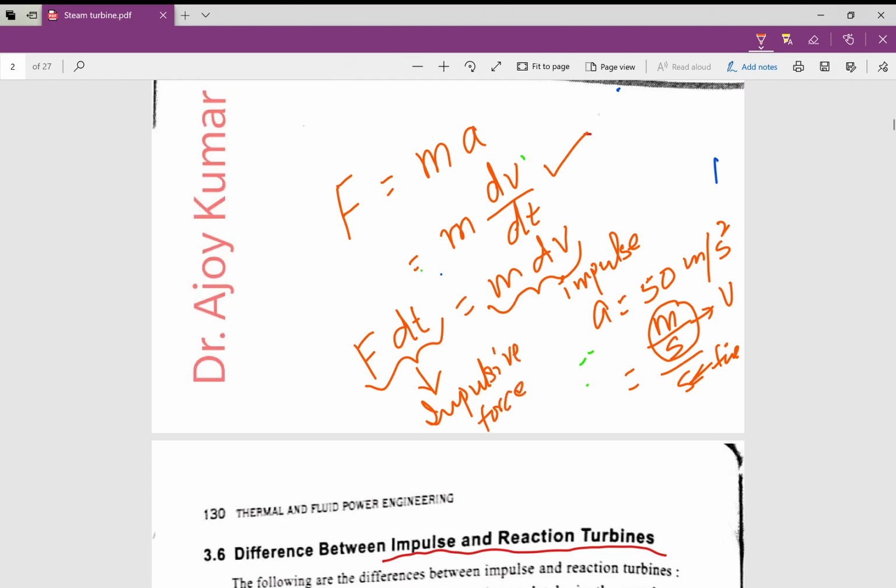So when a force F acts on a blade for a very short period dt, an impulse is created to get a motion, to get a speed in the rotor or shaft of the turbine. With this concept it is mentioned over here.